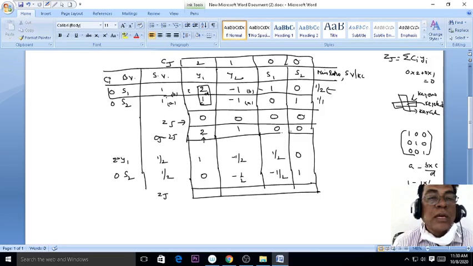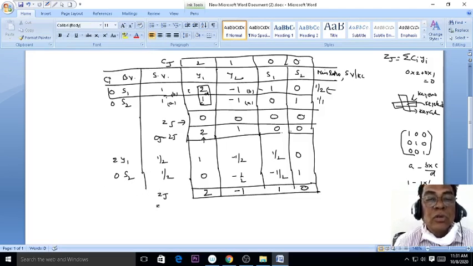That is called a 2. 2 into minus 1 by 2 plus 0 into 1 minus 1 by 2, minus 1. And 2 into 1 by 2 plus 0 into minus 1 by 2, 1. That's 2 into 0 plus 0 into 1. That is called a 0.